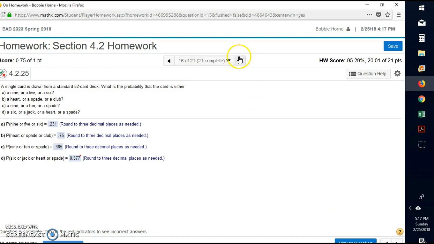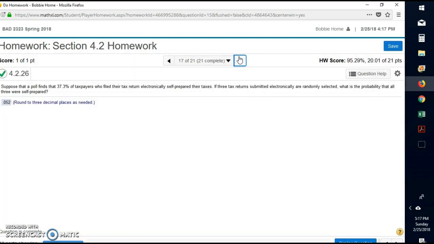Okay, moving on to question number 17. Suppose that a poll finds that 37.3% of taxpayers who file their tax return electronically self-prepare their taxes. If 3 tax returns submitted electronically are randomly selected, what is the probability that all 3 were self-prepared?